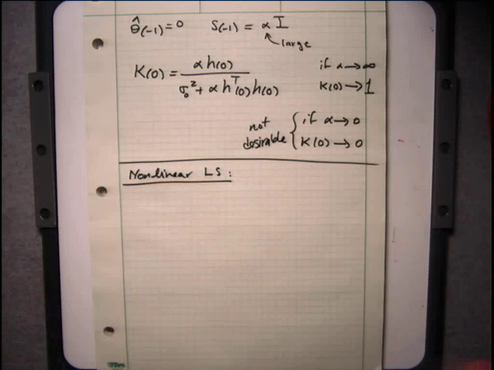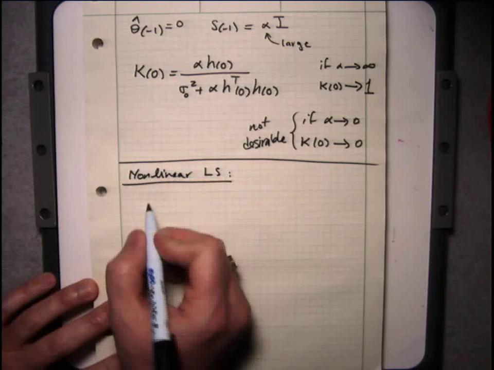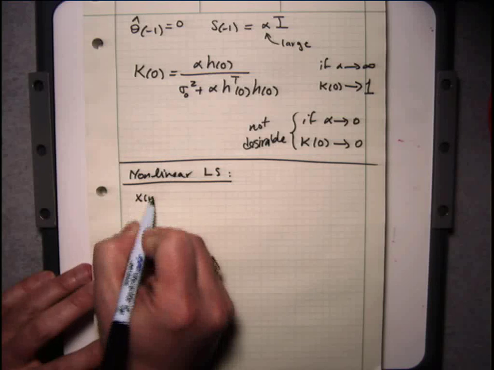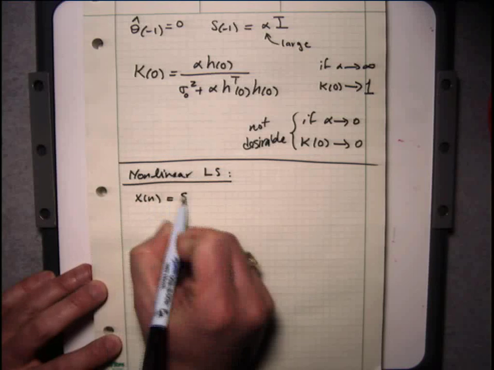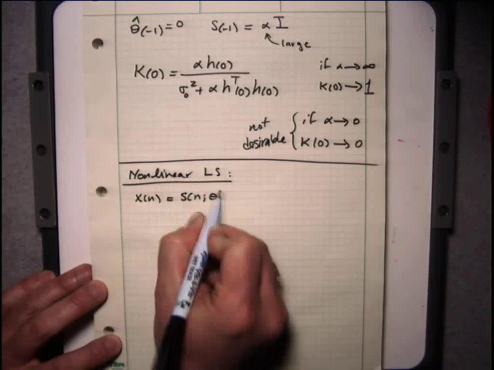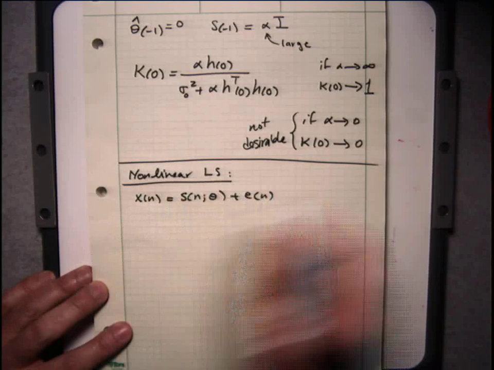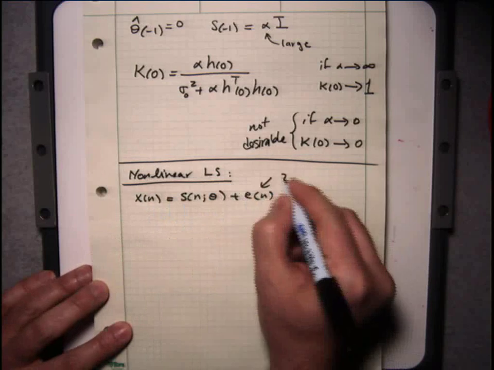I'm going to take all the data and come up with one estimate, and then you'll see you can iterate it from data point to data point as well. So suppose we have a model like this, plus error, and this error is just zero mean.